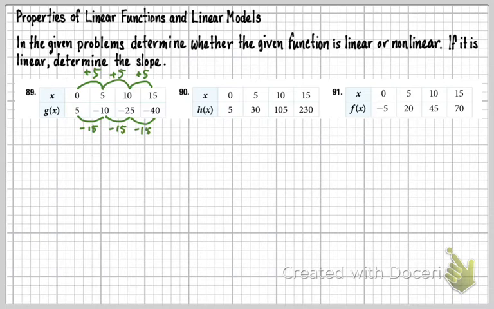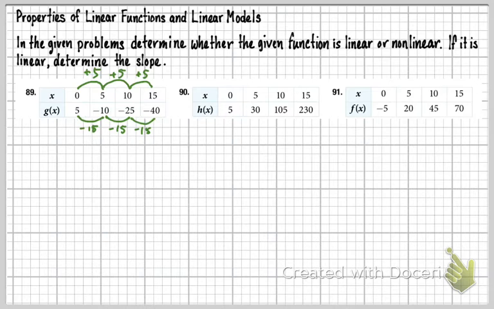So when I look at all those, they're constant for both the x's and the y's. That tells me this represents a linear function. If the x's are a constant value, the y's also have to be constant in order for this to be linear. And this turns out to be a linear function here.